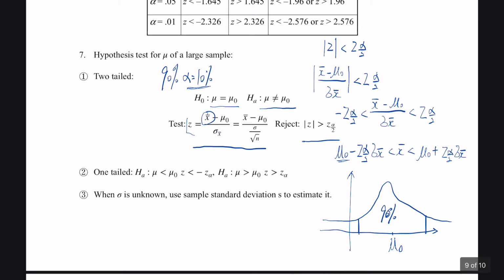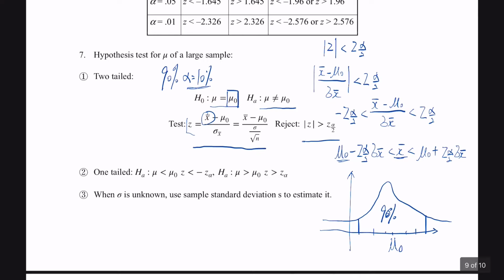If our sample mean lies within this range, then we cannot reject the null hypothesis. Then we are 90% sure that the population mean could be the one we guessed.